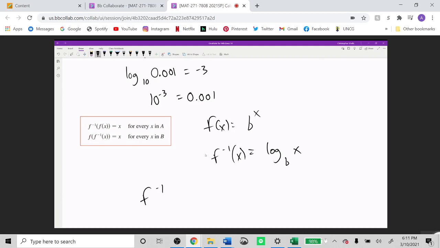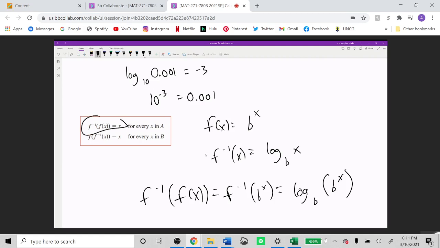So then, f inverse of f of x is f inverse of b to the x, which is log base b of b to the x. And from this equation, f inverse of f of x is equal to x. Does that make sense?